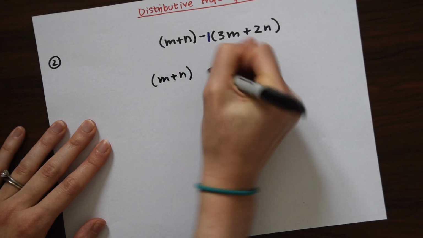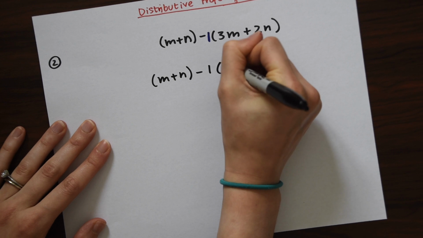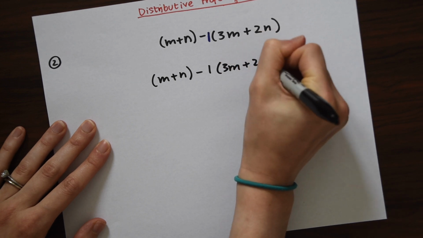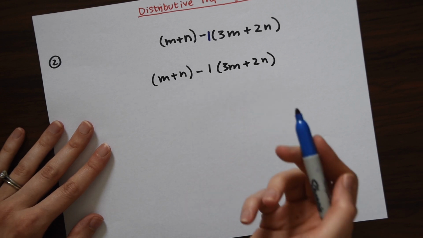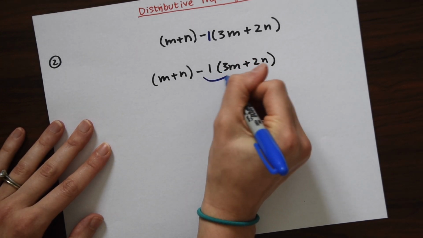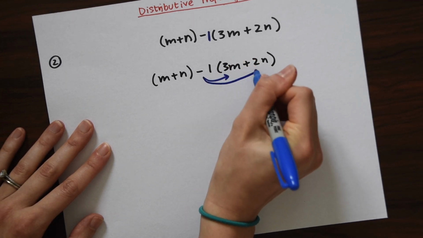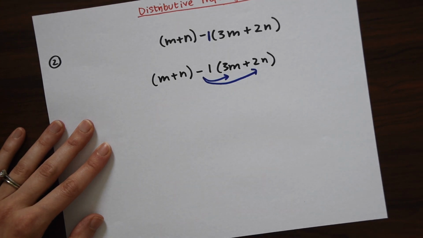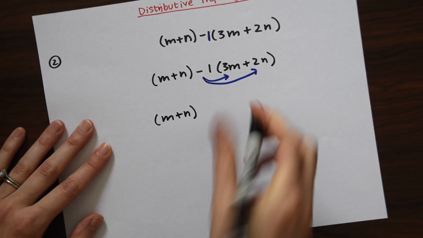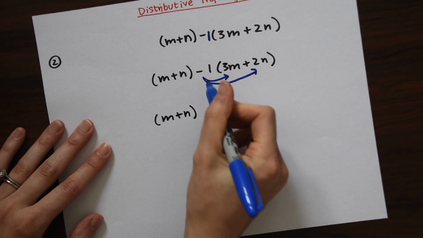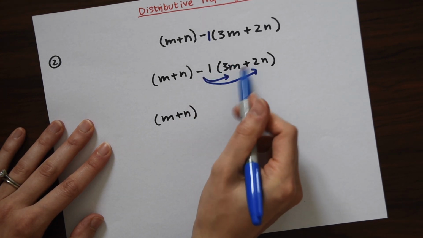We have m plus n minus 1 times 3m plus 2n. What we're going to do is distribute this minus 1 to the rest of the equation. The first part of our equation stays the same, m plus n, and then we distribute this minus 1 to the right side.